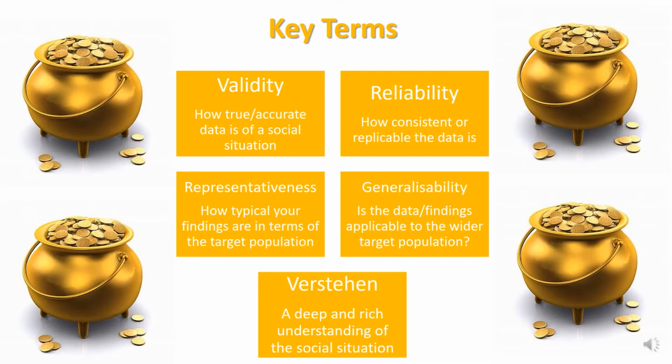I know in class I've used the example of a pizza, and if you had a typical slice of pepperoni pizza, then that slice would have all the bits of a pepperoni pizza. So it would have pepperoni, tomato, mozzarella. And a slice that isn't typical would be a very poor slice that would just have a bit of tomato on it. So representative means having all the ingredients of that group.